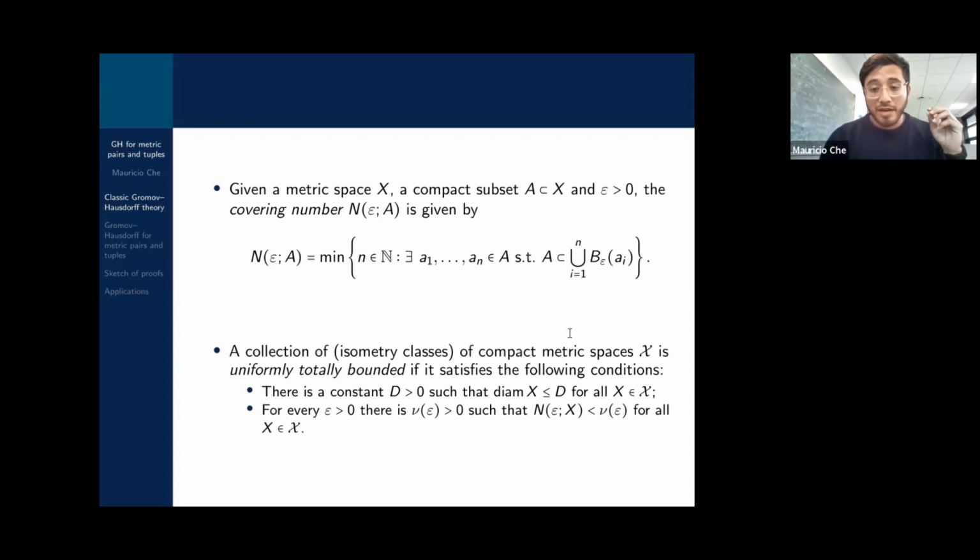We say that a collection of compact metric spaces is uniformly totally bounded if, first, the elements in the collection have uniformly bounded diameter, and secondly, the covering numbers are also uniformly bounded, in the sense that for each epsilon there is some uniform bound for the covering number of elements in the collection X.